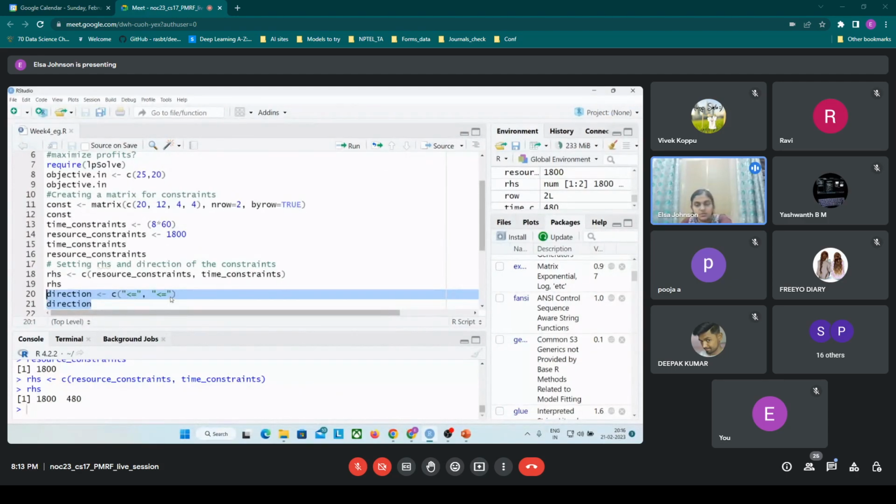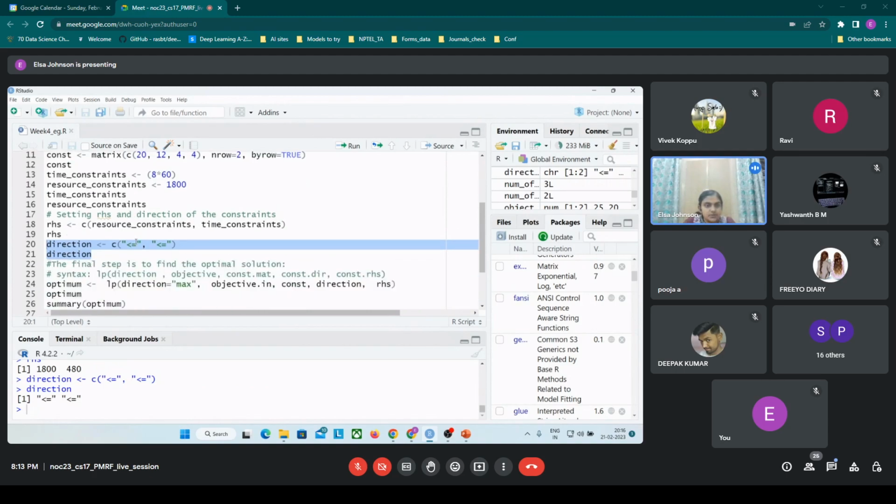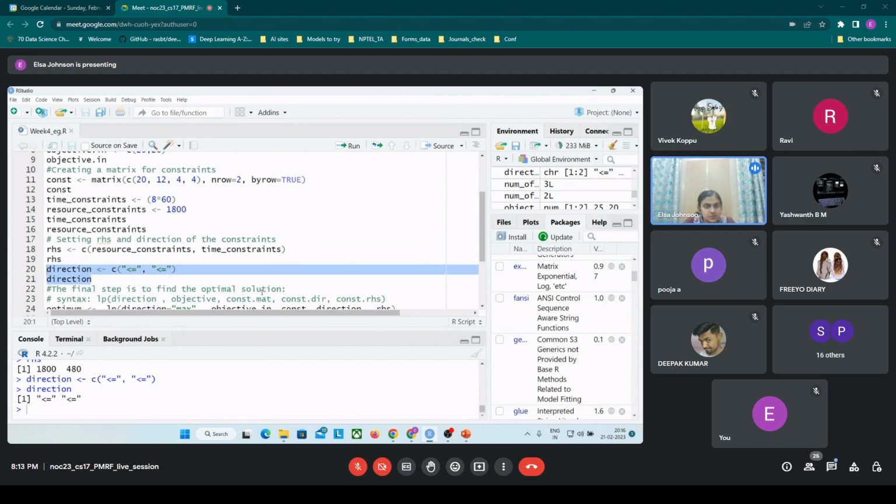Right now the direction is coming as a character. So you have defined the direction, you have given RHS, and you have given the matrix, which is the LHS. Okay. So the final step is to find the optimal solution.